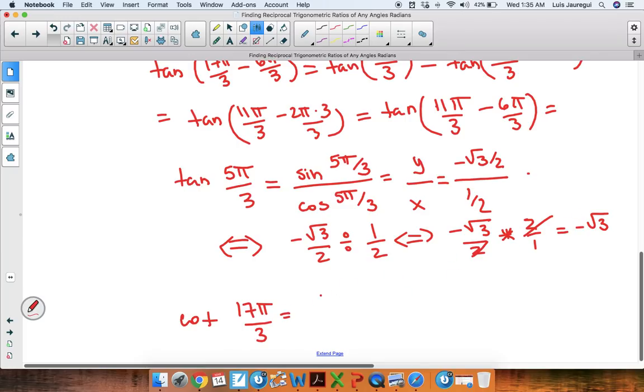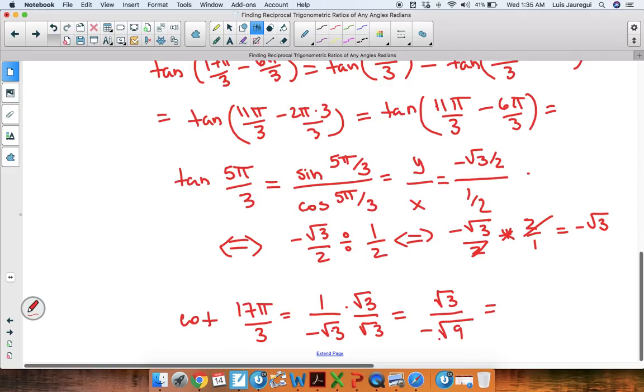Okay, so it's 1 over negative root 3. Now, we don't like to have the square roots in the denominator, so we're going to rationalize by multiplying this one by 1 in the form square root of 3 over square root of 3, and that gives us 1 times square root of 3, which is the square root of 3, and negative times the square root of 3 times 3, which is the square root of 9.